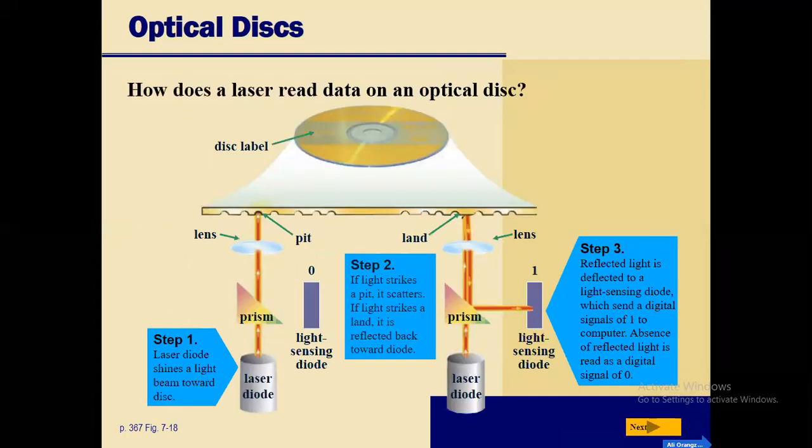So here, basically, we are looking at the disk, that is the label, where optical storage is an electronic storage medium that uses a low-power laser beam to record and retrieve digital binary data.